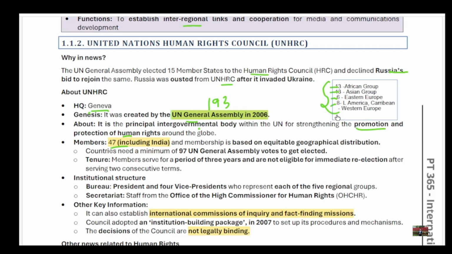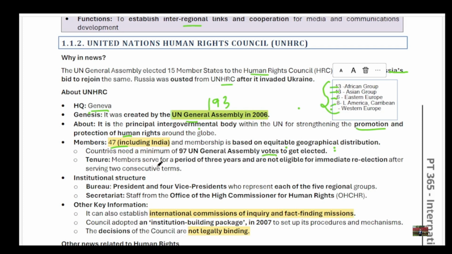Africa and Asia belong to a major chunk of global geography, and hence they get a majority of representation, 26 nations together. They are elected on the basis of votes in the United Nations General Assembly.